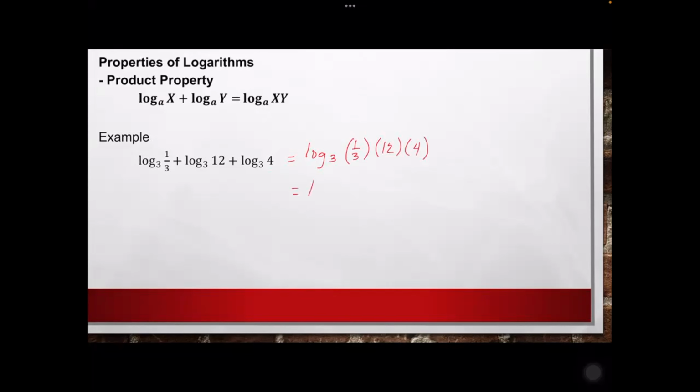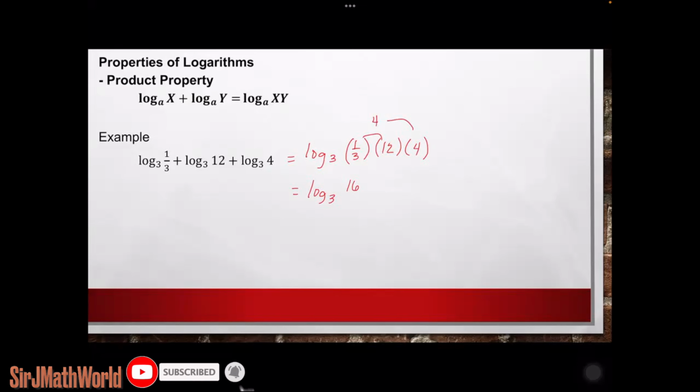So, 1/3 times 12, this will be a 4. Tapos, times natin kay 4, this will be 16. Okay po. So, yung 12 divided by 3, that is 4. Then, 4 times 4, that is 16. Kaya naging logarithm of 16 with base of 3.